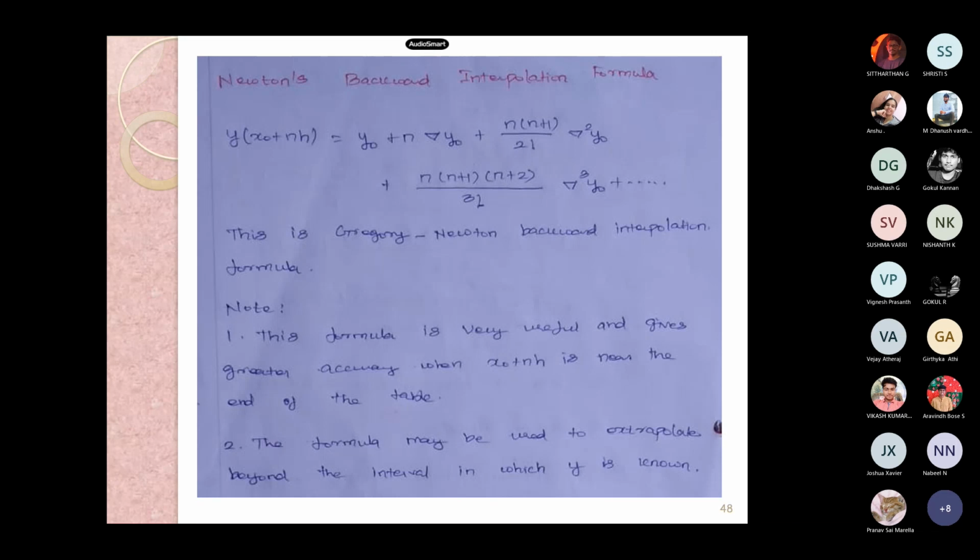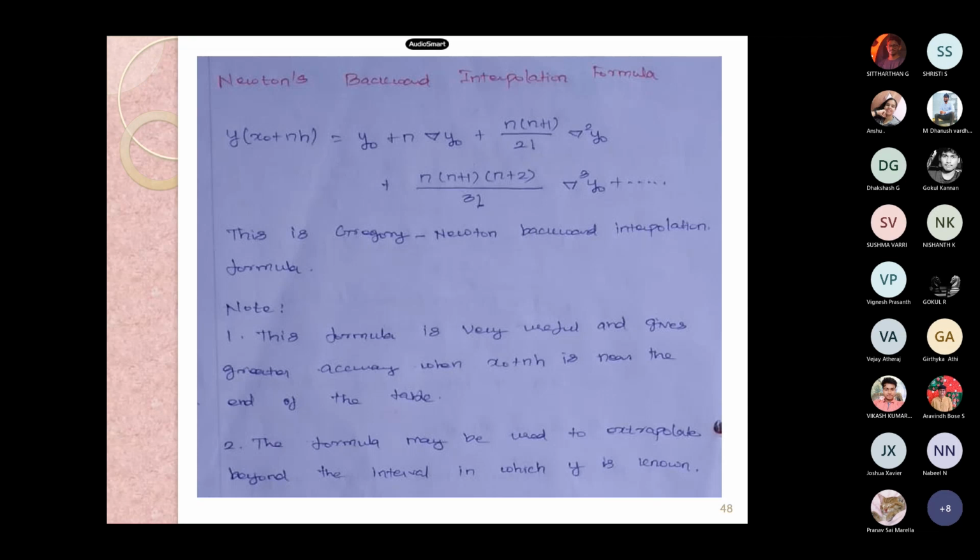Instead of delta, we are going to use the symbol del, the reverse delta, though we will anyway call it delta. This is Gregory-Newton's backward interpolation formula. As I detailed in forward interpolation, when the unknown is very near the beginning, Newton's forward interpolation returns accurate results.